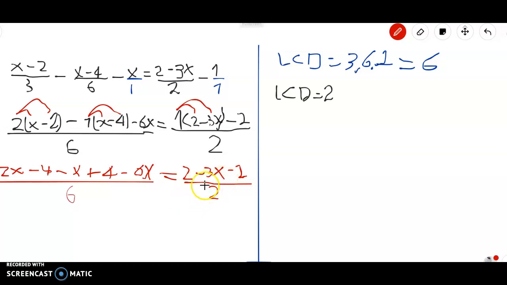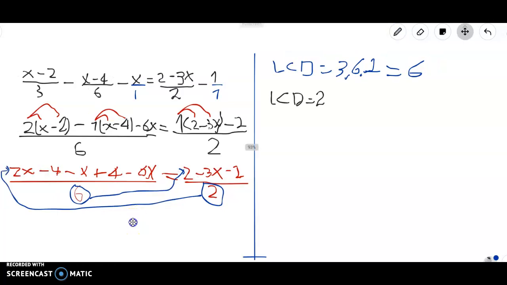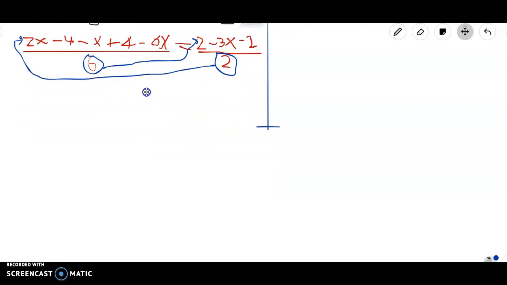So once again, this 2 comes to multiply all of these, and this 6 comes to multiply all of these. So how can we start solving this?